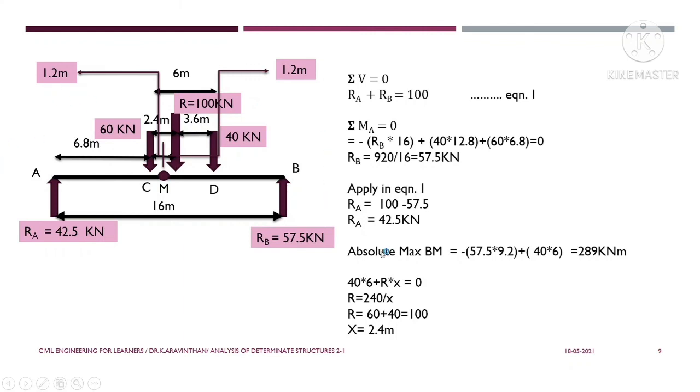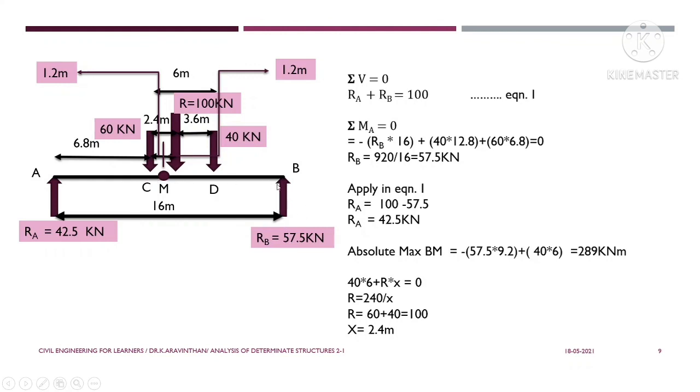Now if I need the absolute maximum bending moment, I have to take the moment at the largest force. Between these two point loads, the largest force is 60 kilonewton. I have to take the bending moment at the point C. If I take the bending moment at point C, RB into distance.